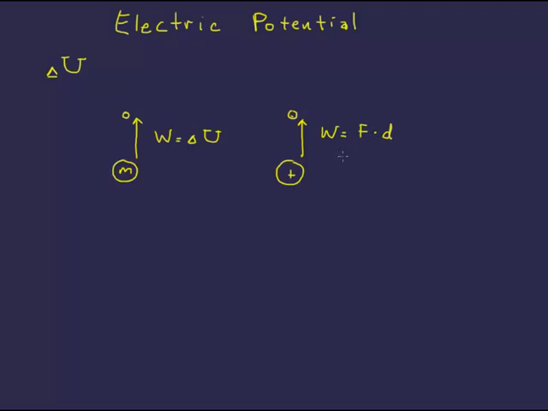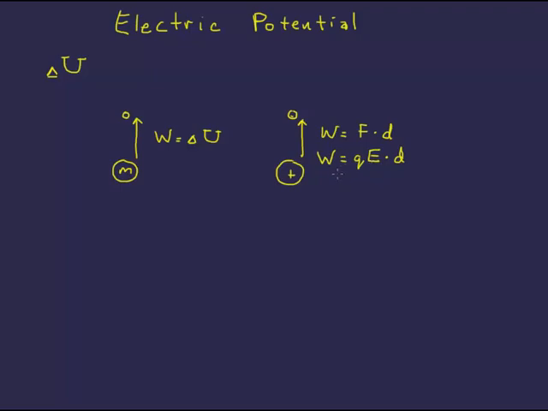If I'm in a uniform electric field, the work that I'm doing, that force is equal to the charge that I move, that would be in this case the negative charge, times the strength of the electric field, times the distance that we move it. So this QED, the charge times the electric field times the distance, is equal to the work I would have to do.